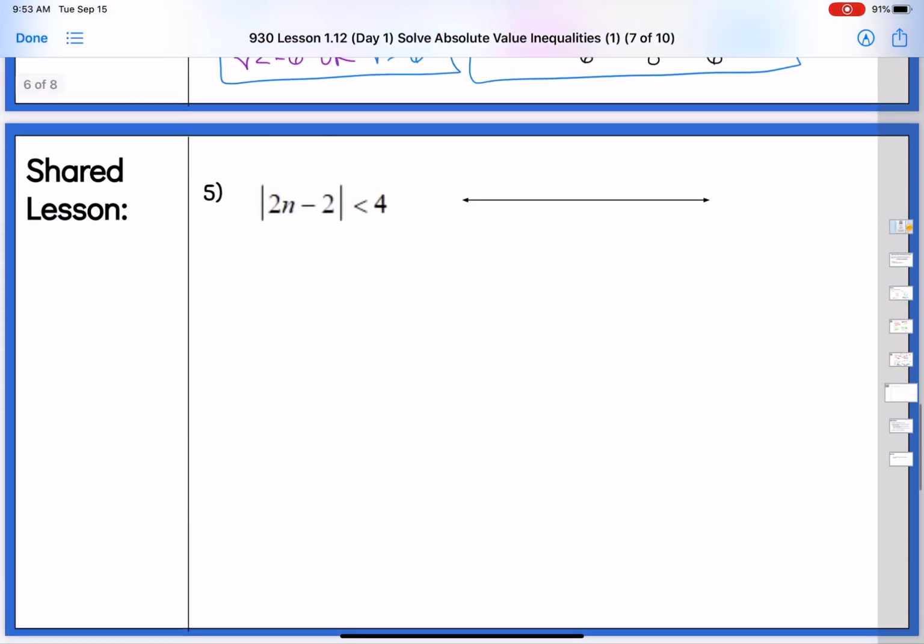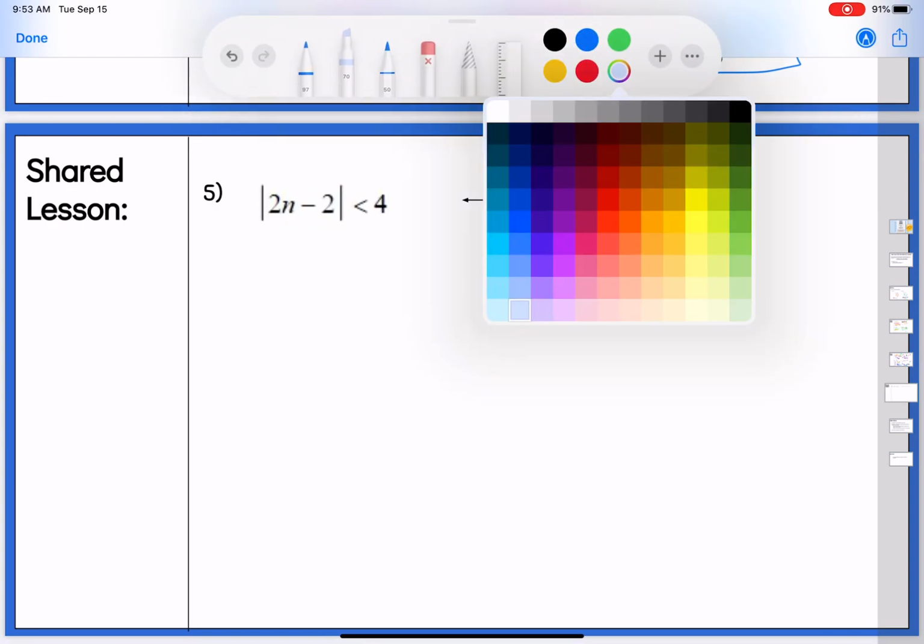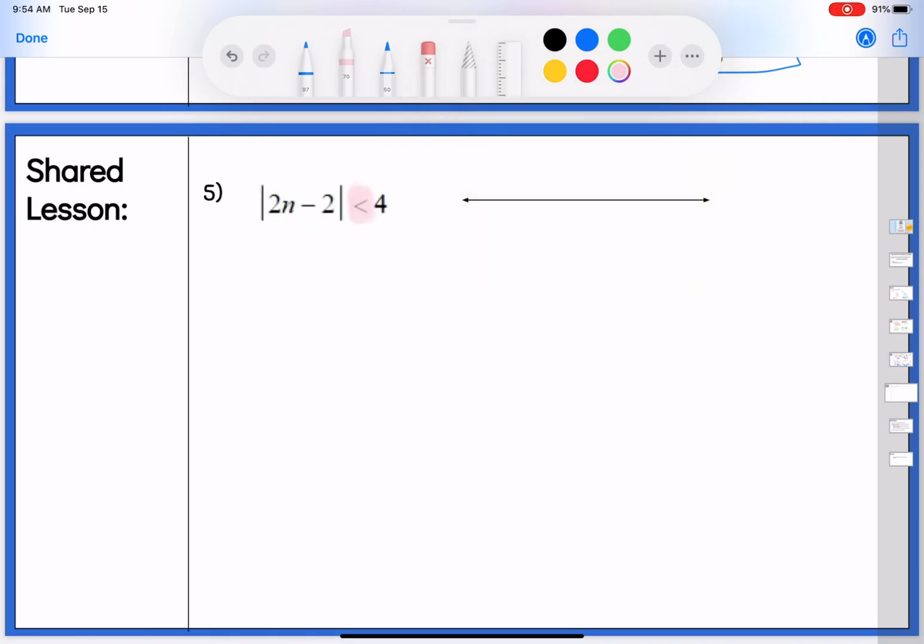All right, one more, just a little bit more complicated, just to make sure that you're really understanding the idea. So as I see this one, I'm noticing that I have the absolute value of 2n minus 2 is less than 4. So in this case, I want distances that are going to be moving towards 0. So this is going to be an and inequality.